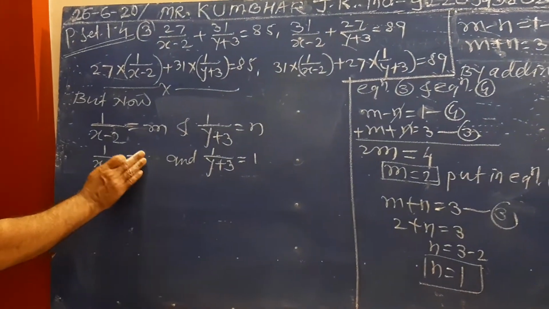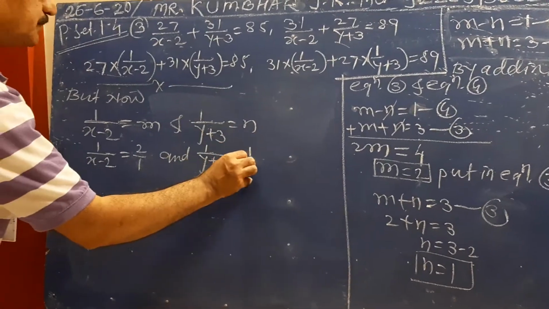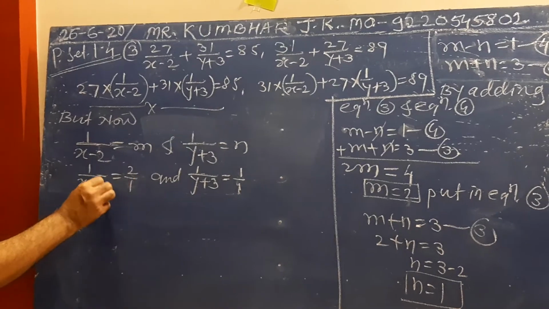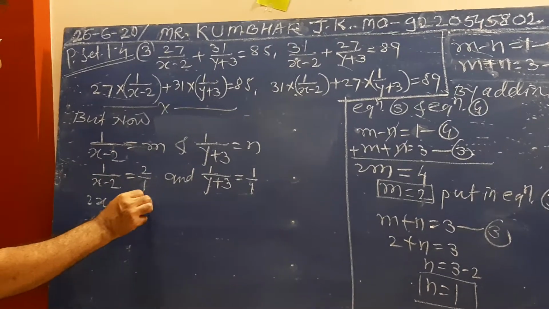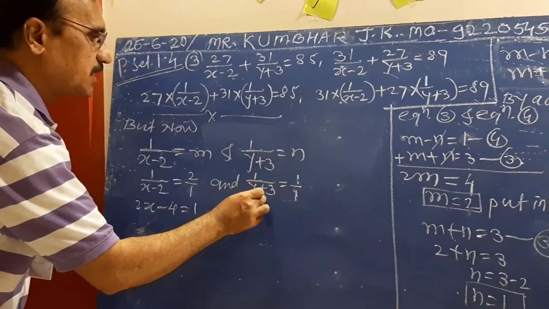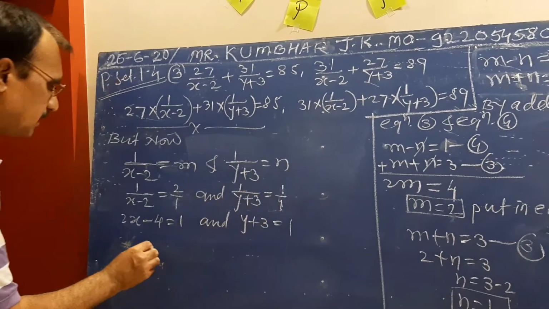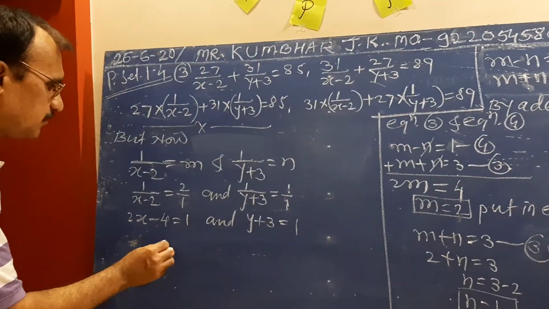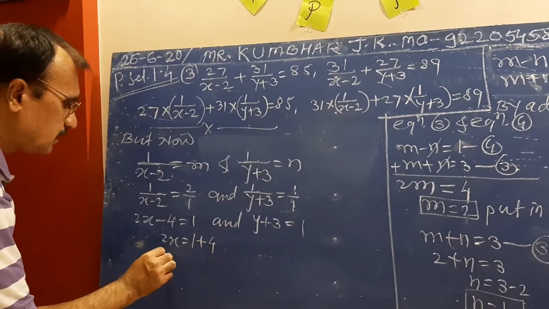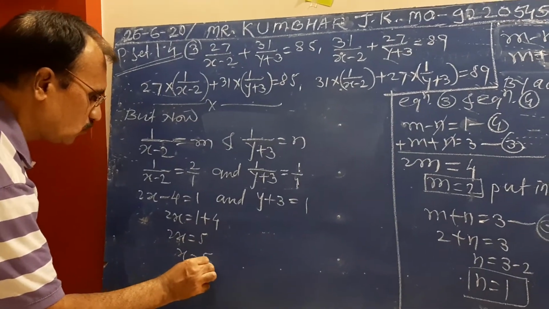Cross multiplication, for our convenience we can write this one 2 upon 1 and this one 1 upon 1. After cross multiplication, 2 into x, that is 2x minus 2 2s are 4 is equal to 1 into 1, 1. Here y plus 3 1s are y plus 3 is equal to 1 into 1 is 1. Here minus 4 take on that side, it becomes plus 4, means 2x is equal to 1 plus 4, 2x is equal to 5 and x is equal to 5 by 2.